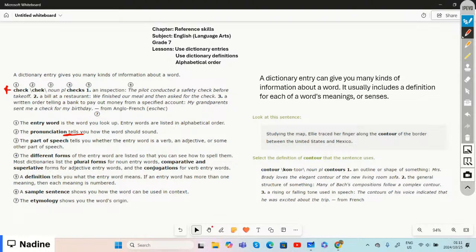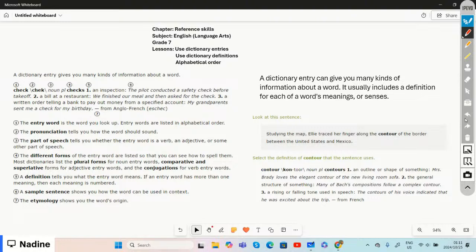So basically, if you look at the numbers that you'll see on that dictionary entry, each of the numbers are now being explained, and they're telling us what the numbers are for.